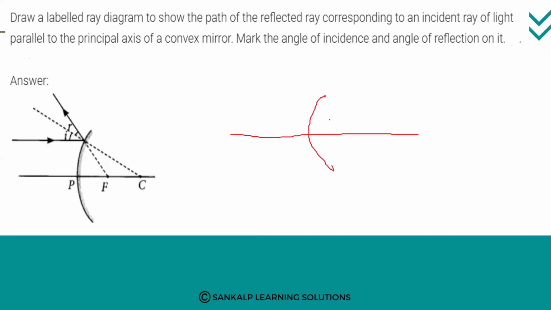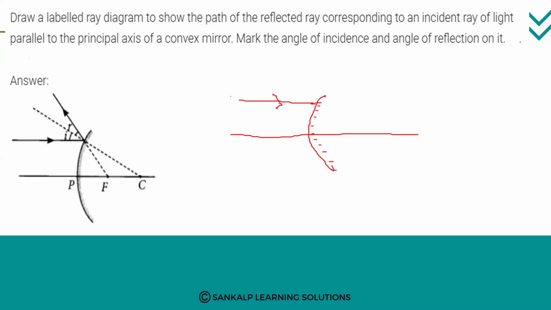This is a convex mirror and this part is coated. Now the ray of light is coming parallel to the principal axis.